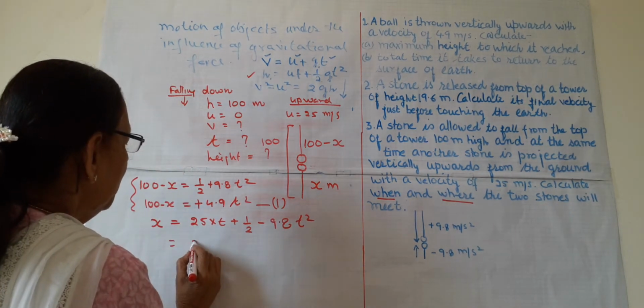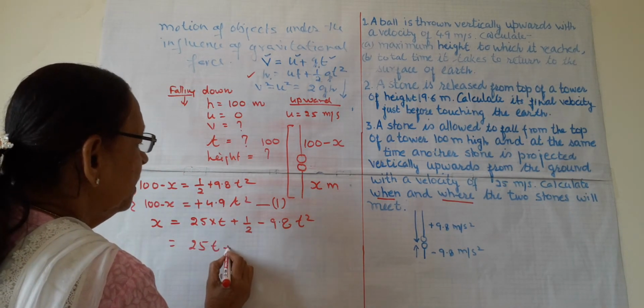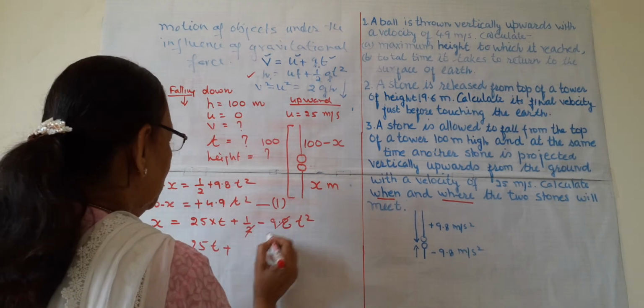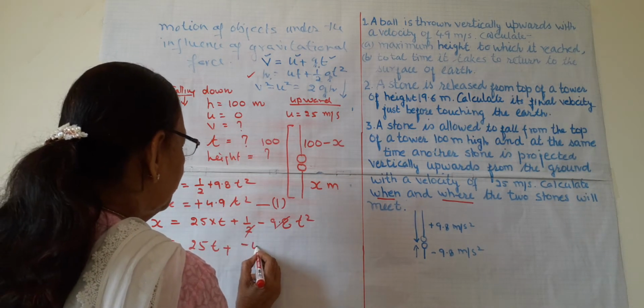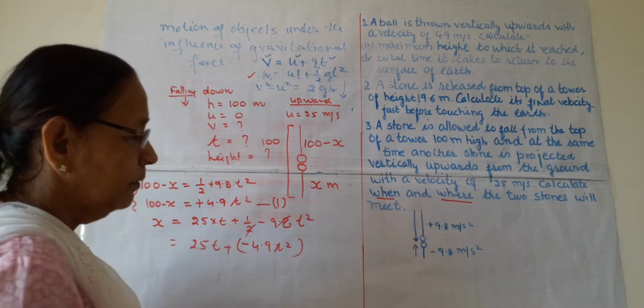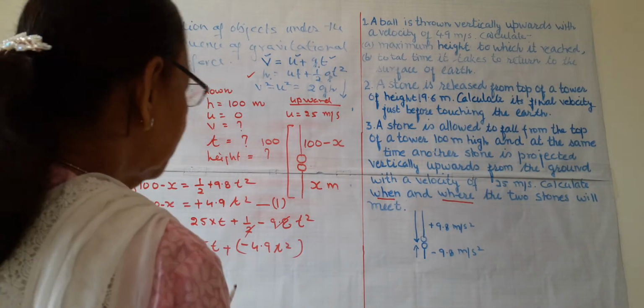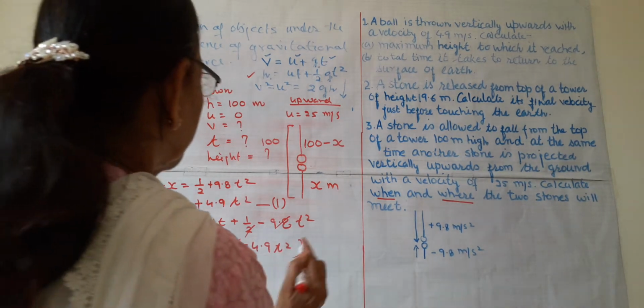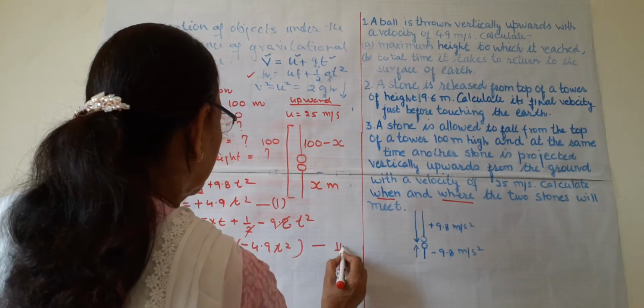So it will be x is equal to 25t minus 4.9 t square. Now this is the second equation.